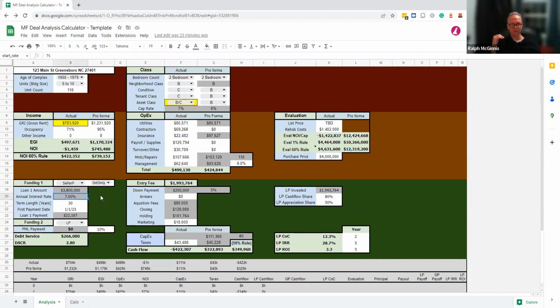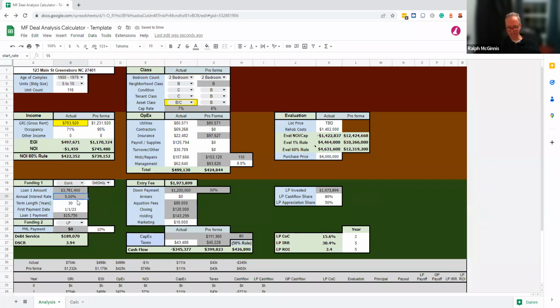So if somebody closed it before and people are still used to lower interest rates, then you might be able to, on a seller finance, get away with a lower interest rate. I accidentally overwrote this a minute ago, like 5%. Whereas if you do a bank finance, it's going to be 7%.